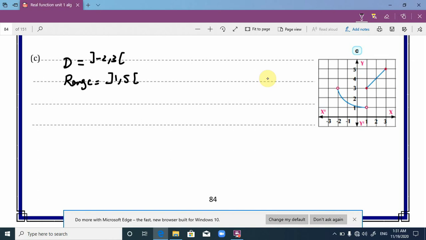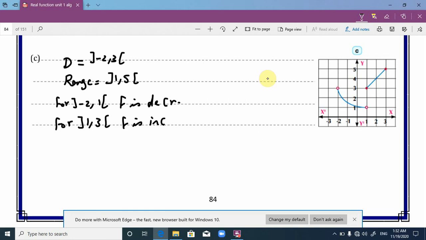For the monotony, we have two intervals. From -2 to 1 the function is decreasing, and from 1 to 3 the function is increasing. So I write: for -2 open to 1 open, f is decreasing, and from 1 to 3 open, f is increasing.